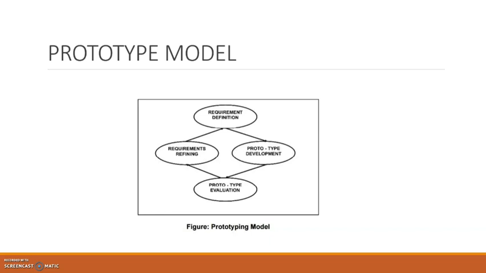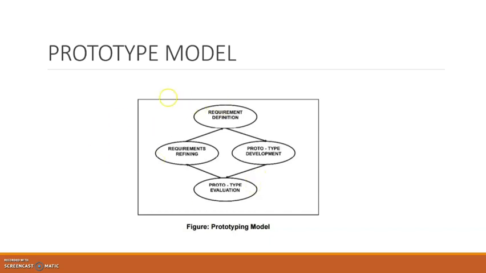Now in this prototype model, first the user or the customer will define the requirement, then the designer will develop the product, and then the designer will evaluate. If some refining is required, the customer will suggest to the designer or the developer to make such and such corrections.